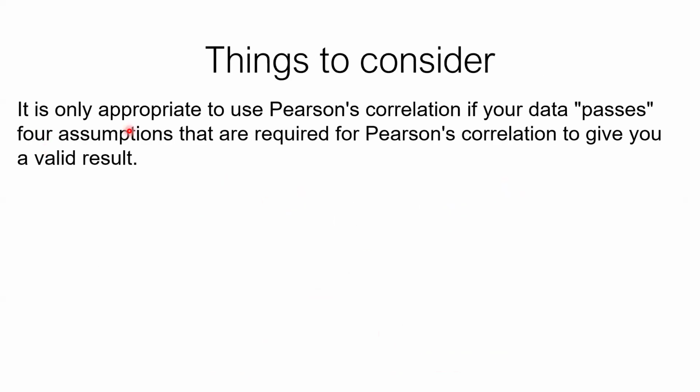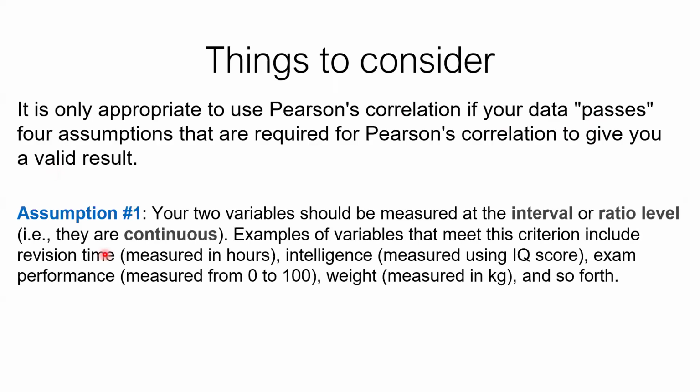Now, what are the things to consider? It is only appropriate to use Pearson's correlation if your data passes the 4 assumptions that are required for Pearson's correlation to give you a valid result. For the first assumption, you have two variables that are measured in either the interval or the ratio level.